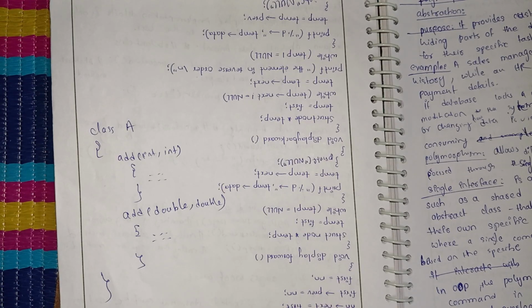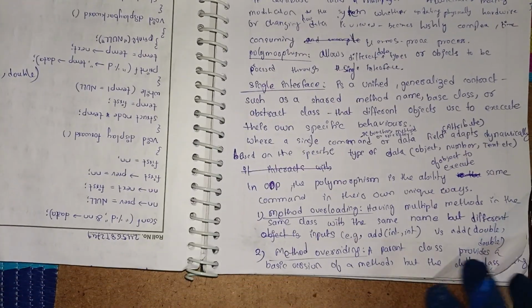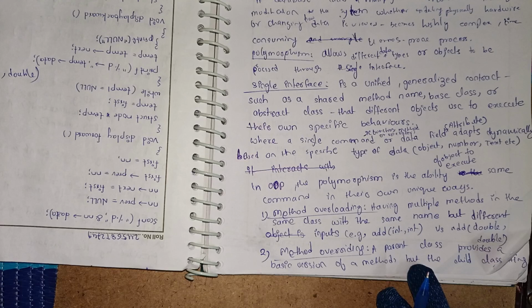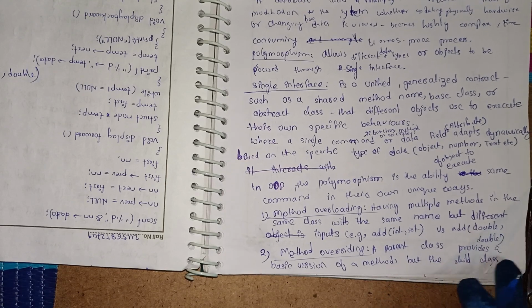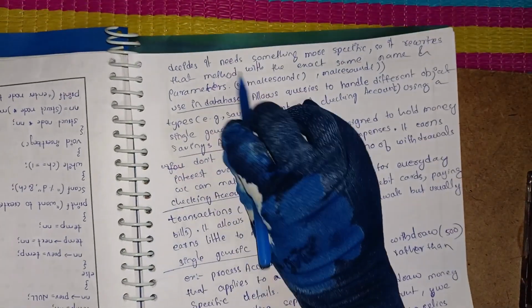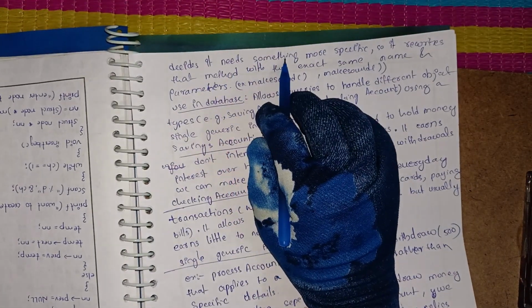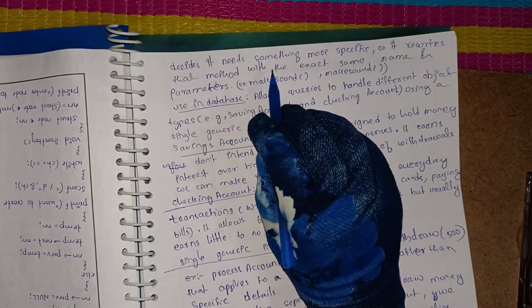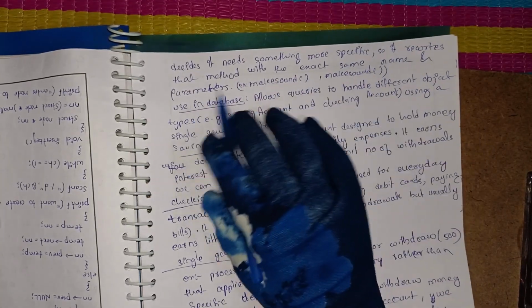Okay, and then method overriding. Method overriding is when a parent class provides a basic version of a method, but the child class decides it needs something more specific, so it rewrites that method with the exact same name and parameters.